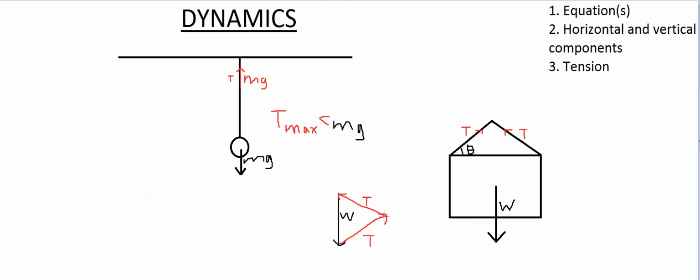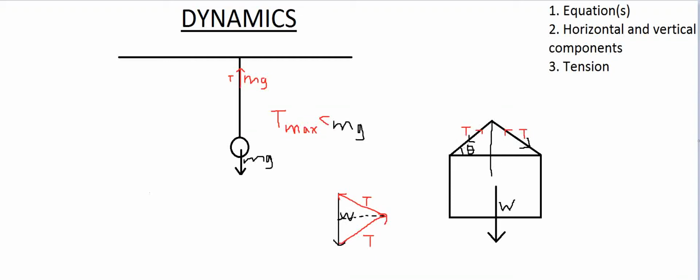So tension is acting to support the weight. The weight is actually in the opposite direction, like this. From here you can use the vertical and horizontal components to calculate the tension.